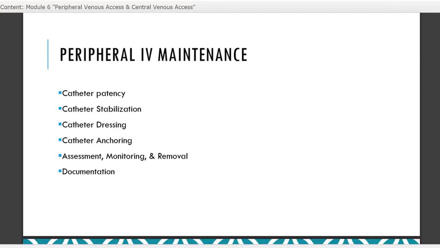Okay, so when we're talking about peripheral IV maintenance, a lot of this really relates back to just preparing the site and then, of course, placement, because a lot of the maintenance is really revolved around how well the site can be maintained depending on the location that you put it. So when we talk about peripheral IV maintenance, we're really looking at the patency of the catheter, which means keeping it open so that it can be used for infusion, catheter stabilization, and we talked about that a little bit before.